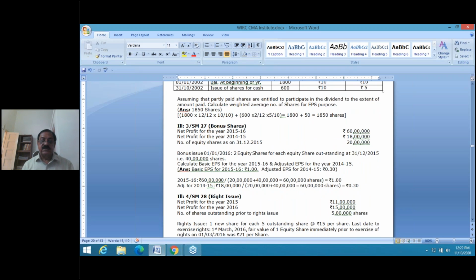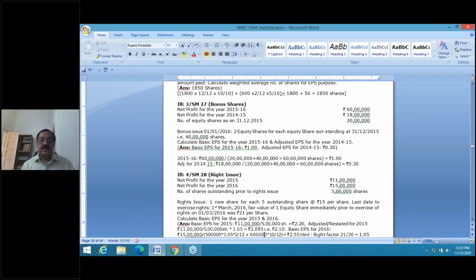So 5 lakhs into 21, plus how many right shares are issued? 1 lakh at 15 rupees. So 5 lakh into 21 is 1 crore 5 lakhs, plus 1 lakh shares into 15 is 15 lakhs. So that comes to 120 lakhs. 120 divided by 6 comes to 20 rupees. So my right factor is price before right 21, theoretical ex-right 20, so 1.05.